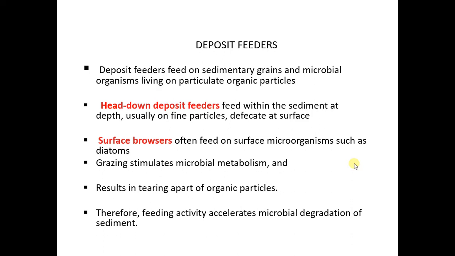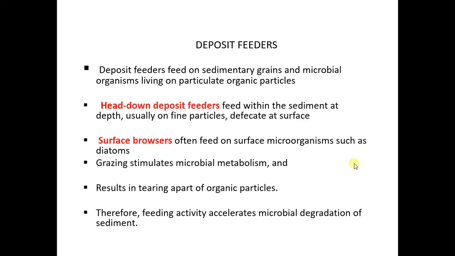So for the deposit feeders, they feed on grains, microbial organisms, generally on things that are at the bottom. Remember I said at the bottom. When we say at the bottom, it can be in the bottom or on the bottom. So based on that, we have two major forms: the head down deposit feeders that feed within the sediment, on food particles inside the sediment. And why are they called head down deposit feeders?